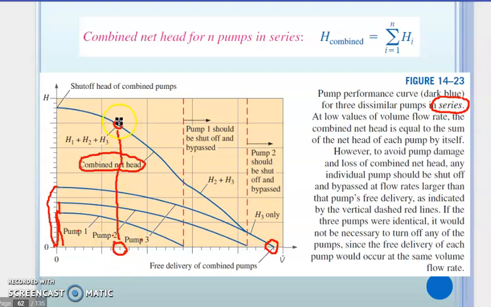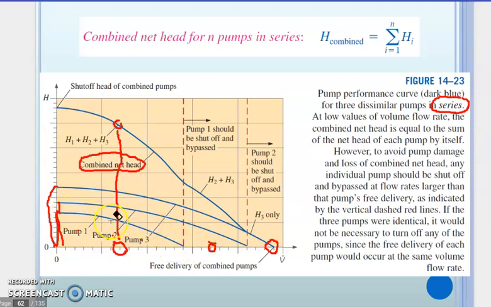This is the result of the combined net head. But if your Q is in this position, this Q is already larger than the free delivery of pump number 1.